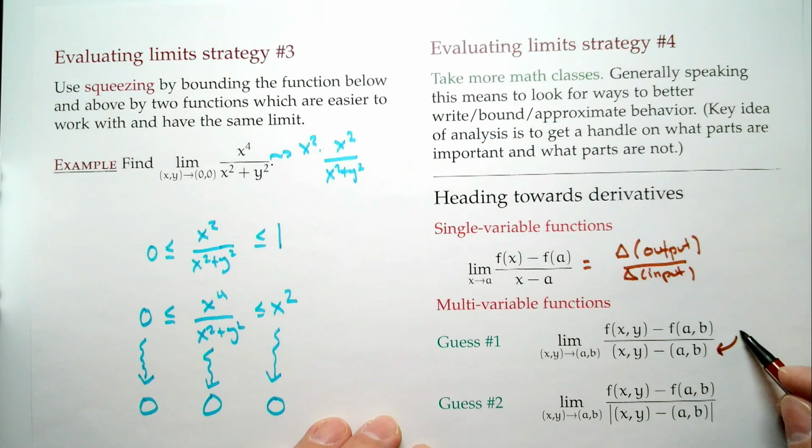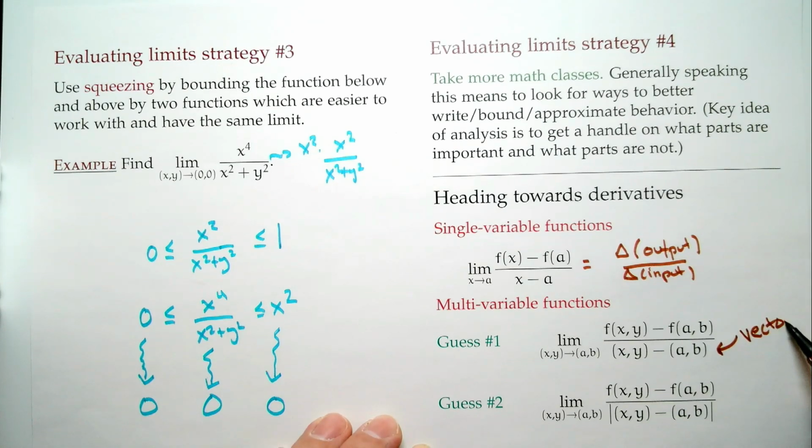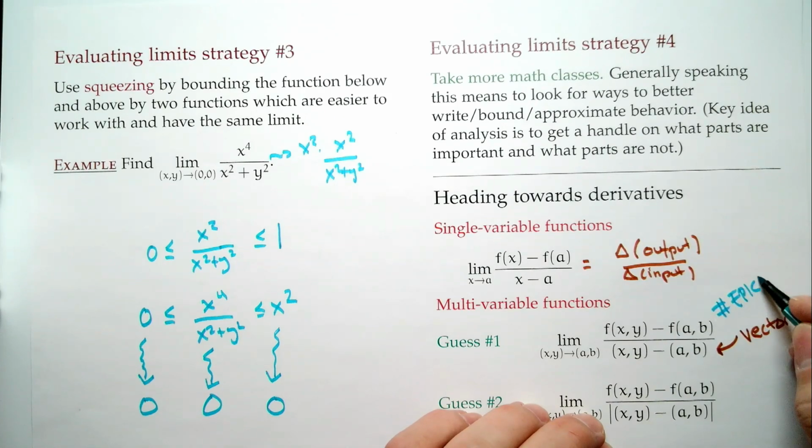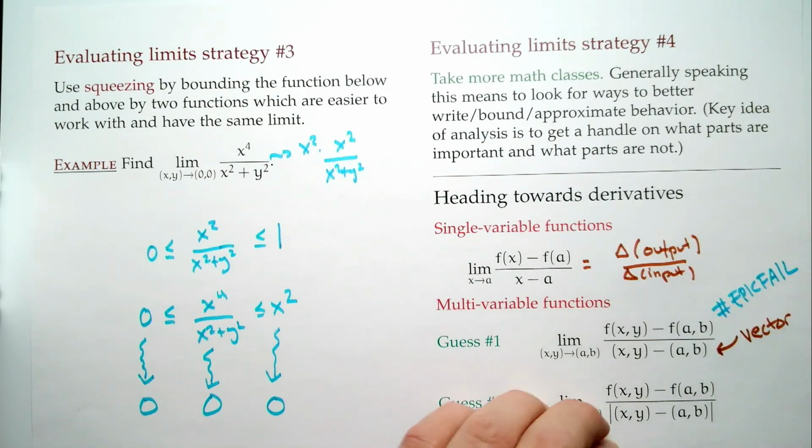Now, we ask ourselves the question, does it make sense to have a number divided by a vector? No, it doesn't make sense. We can barely multiply. Hashtag epic fail. Okay, just not going to work. The problem is it's a vector.